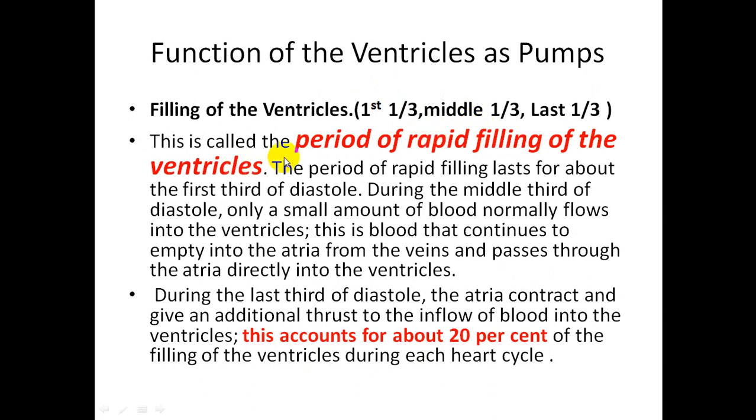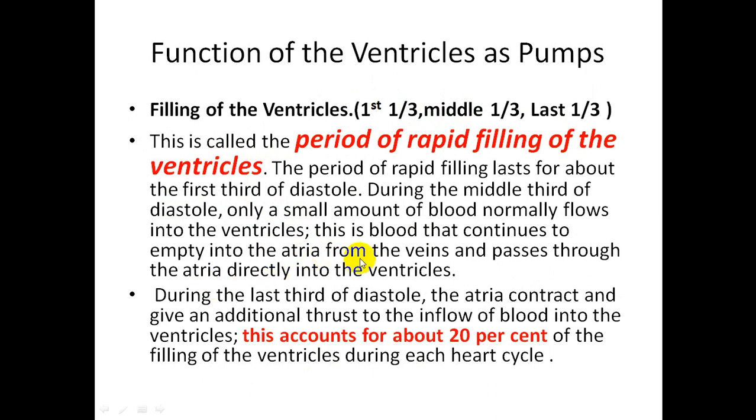This is called the period of rapid filling, which lasts for about the first third of diastole. During the middle third of diastole, only a small amount of blood normally flows into the ventricle. This is the blood that continues to empty into the atria from the veins and passes through the atria directly into the ventricle.